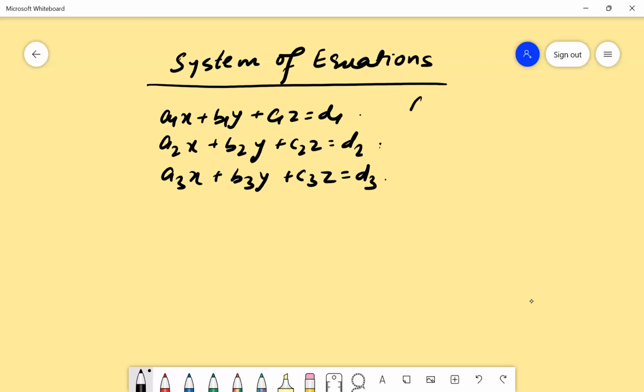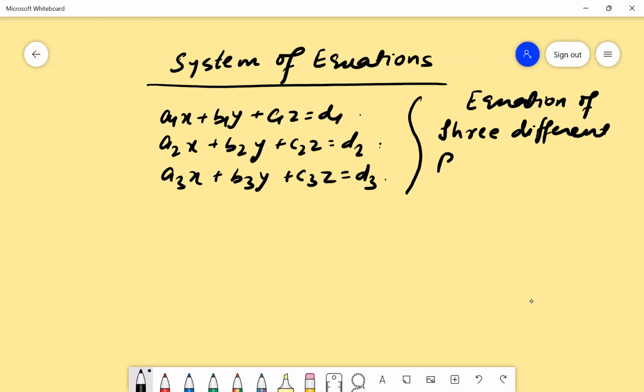See, basically these are three different planes, the equations of three different planes, if we consider 3D, three-dimensional geometry.